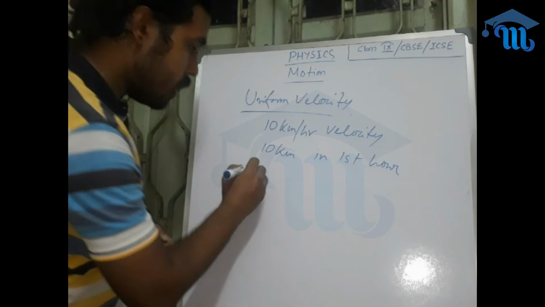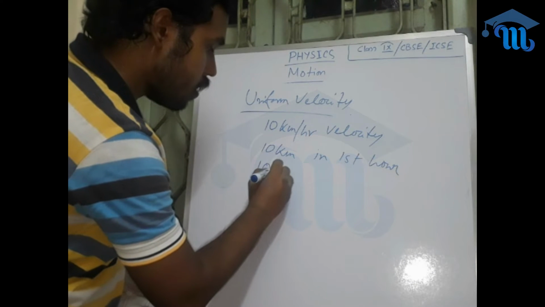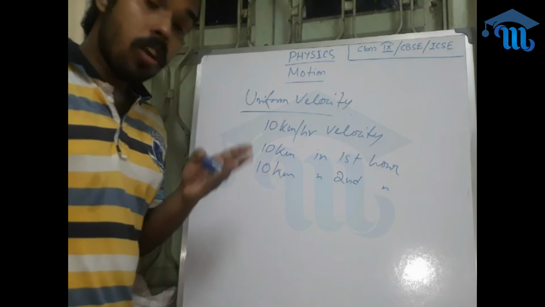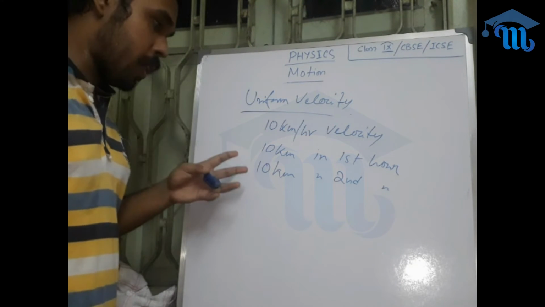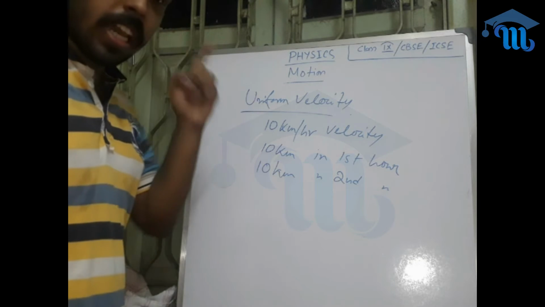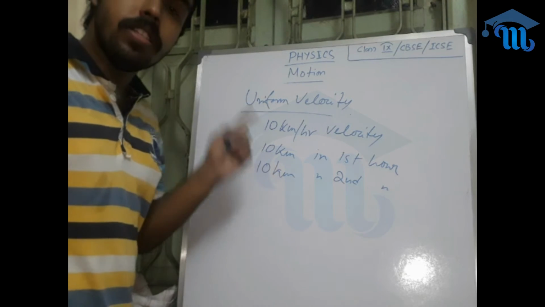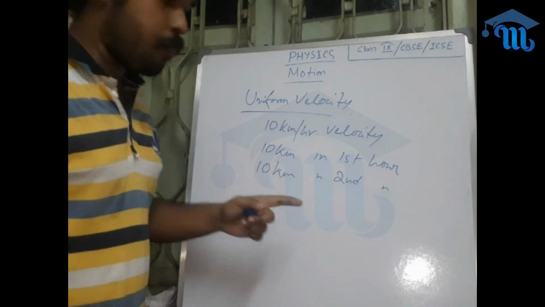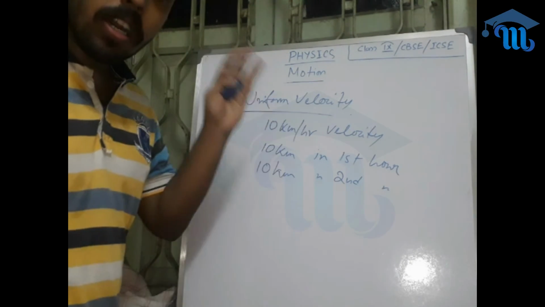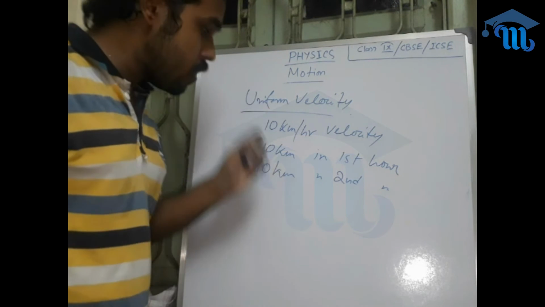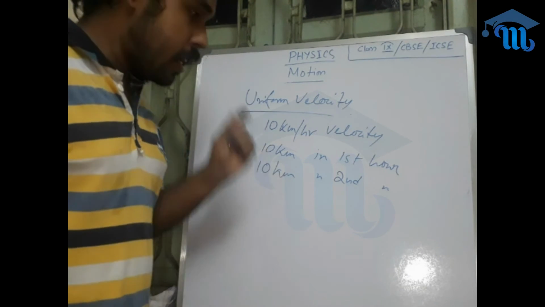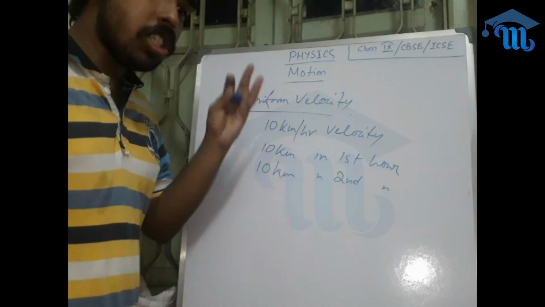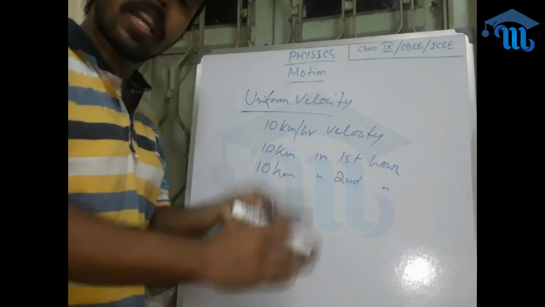Now consider it travels 10 kilometers in the second hour as well. Now this thing is very important. You can see that in each and every hour it travels 10 kilometers. That means it is consistent with the time. That means at a particular rate of time it travels a certain distance. That is called uniform velocity. That means there is no change in velocity for a particular rate of time.